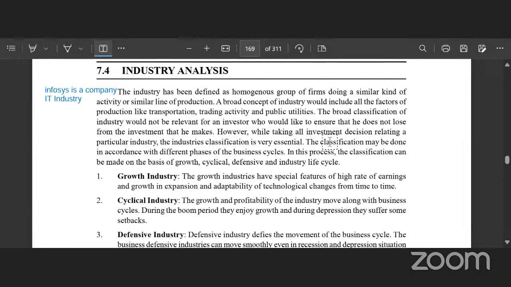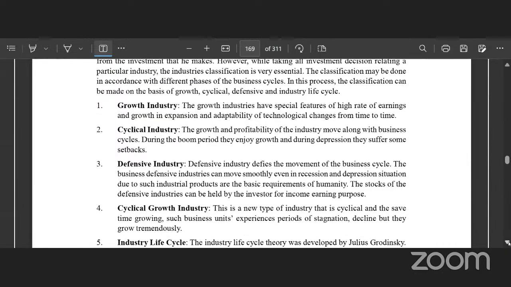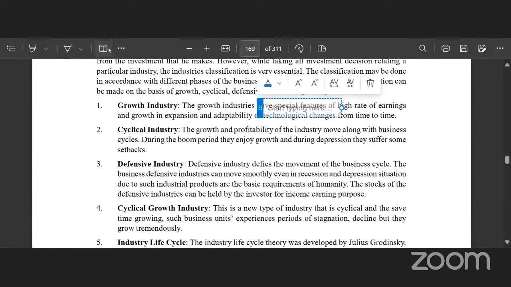While taking investment decisions relating to a particular industry, the industry's classification is very essential. The industry is generally classified into growth industry, where there is a high rate of earnings, growth in expansion, and adaptability to technological changes from time to time.